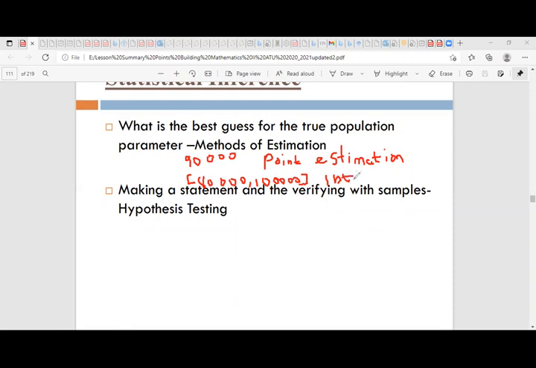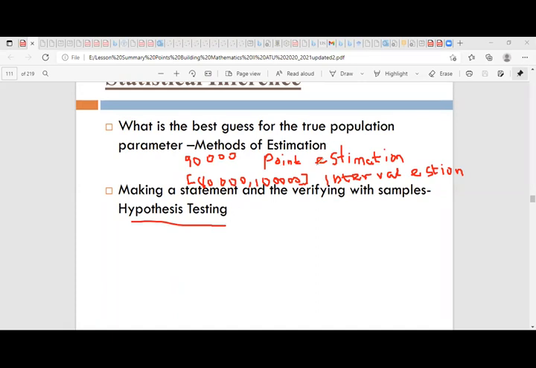We'll be looking at that in detail later on. So estimation techniques can either be based on a point estimation technique or an interval estimation. We'll throw more light on that later. But for now, our focus will be on what we call hypothesis testing.